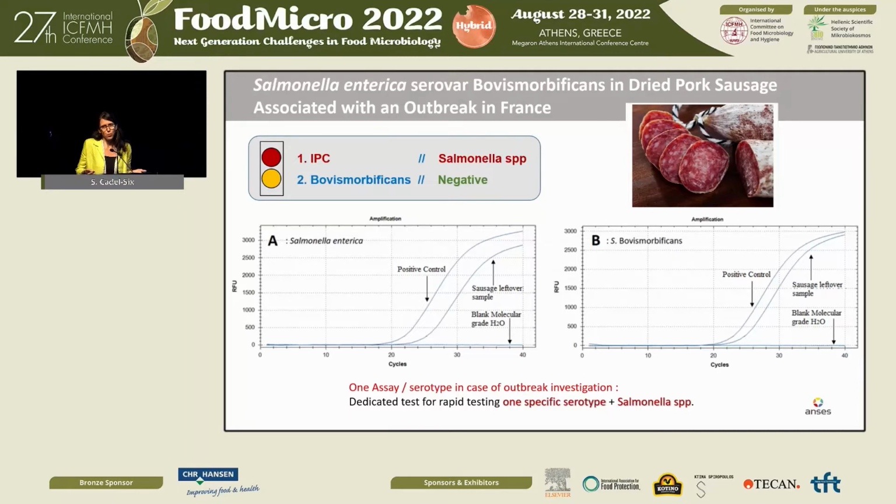So Salmonella Bovismorbificans is a polyphyletic serotype. So we were able to detect it, identify it really precisely and directly in the pre-enrichment broth.